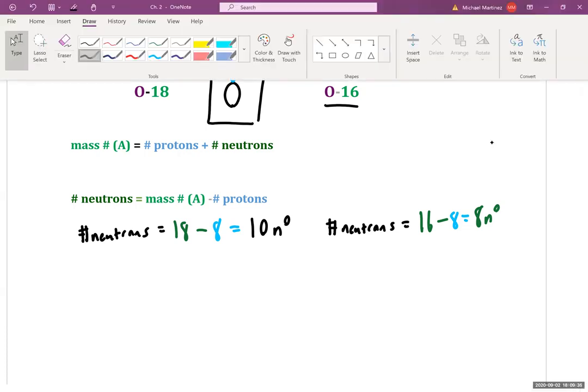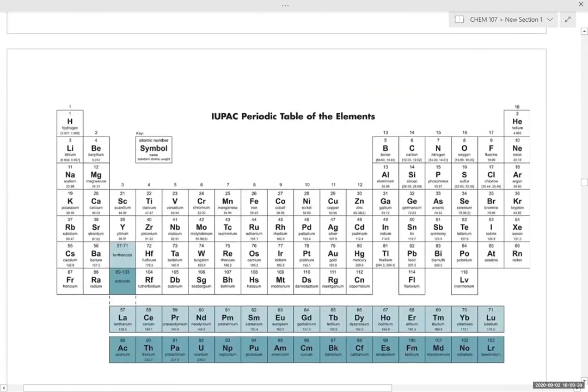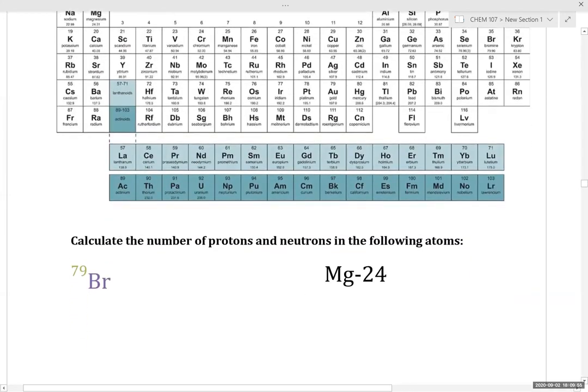If not, let's continue on now. So here's your periodic table once again. We can read off our atomic numbers from the periodic table. We're going to do an example where I start us off, and then you will do a subsequent example. So we're asked to calculate the number of protons and neutrons in the following atom.